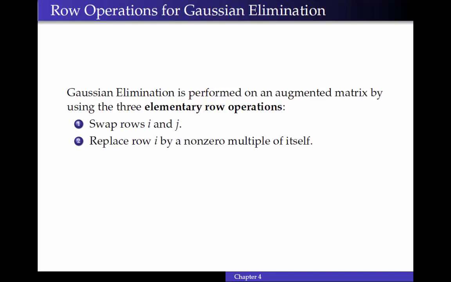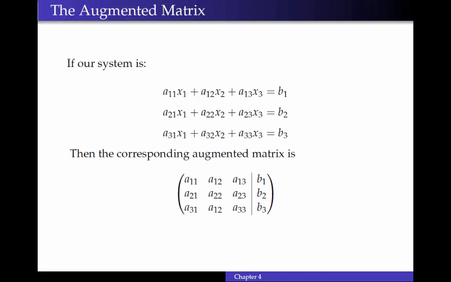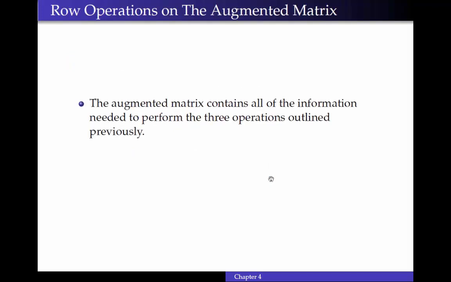We can replace one of the rows by a non-zero multiple of itself. That's the same as multiplying an equation by a constant. Again, because we are containing both the left and the right-hand side values in here. So when I multiply something by a constant, I'm going to multiply all the coefficients by that constant and also the right-hand side.